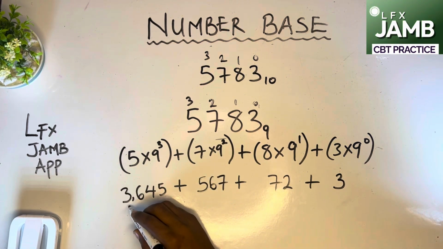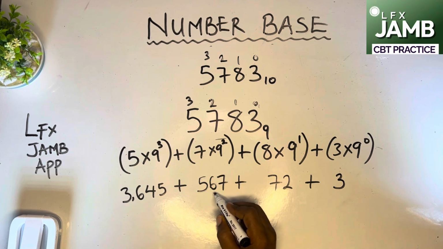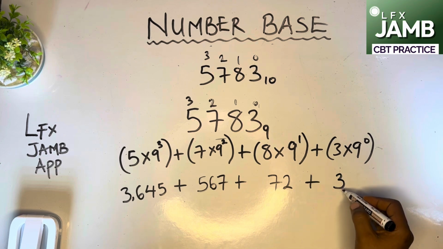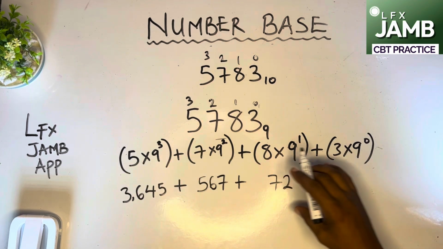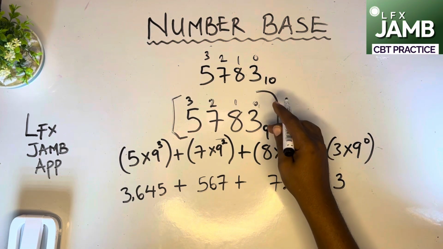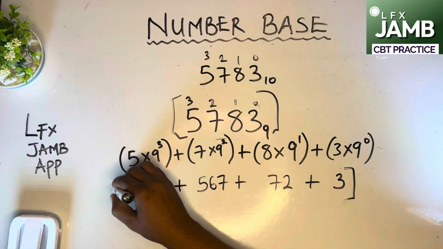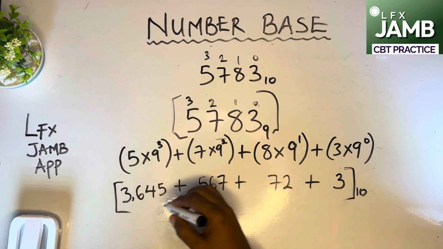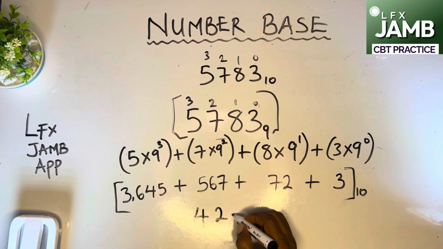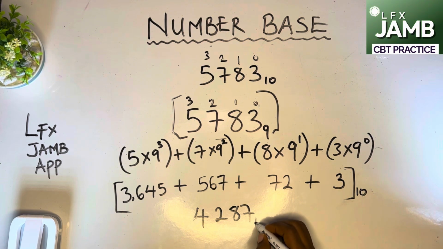We have 3,645 plus 567 plus 72 plus 3. So this is what this number in base 9 represents in base 10. If we add this together, we have 4,287 units in base 10.